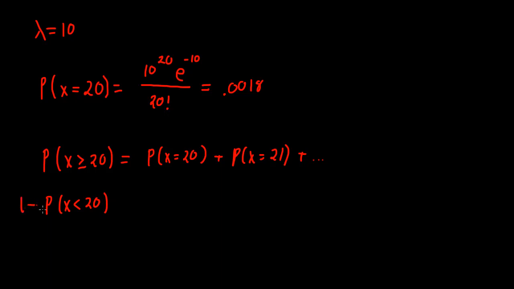So 1 minus that is equal to the probability that x is greater than or equal to 20. So remember, if we want to calculate the probability that x is within some range, we either need to calculate the probability that x is equal to each value in that range and add them all together, or we can calculate 1 minus the complement of that, and that will be equal to our given value.